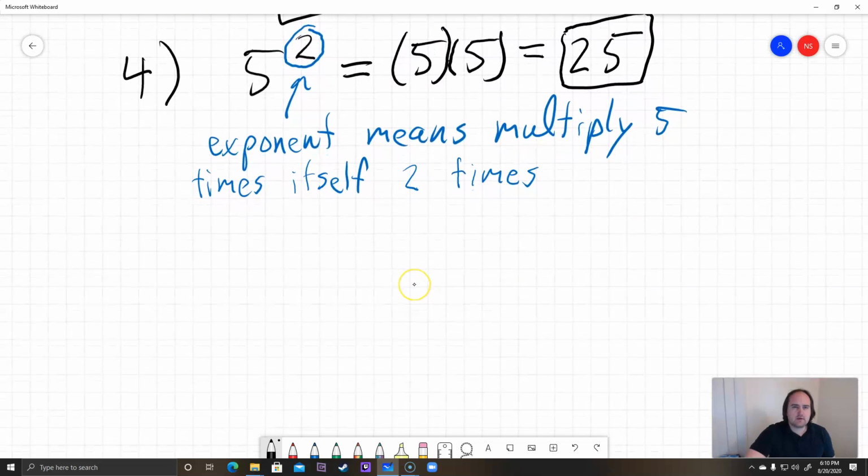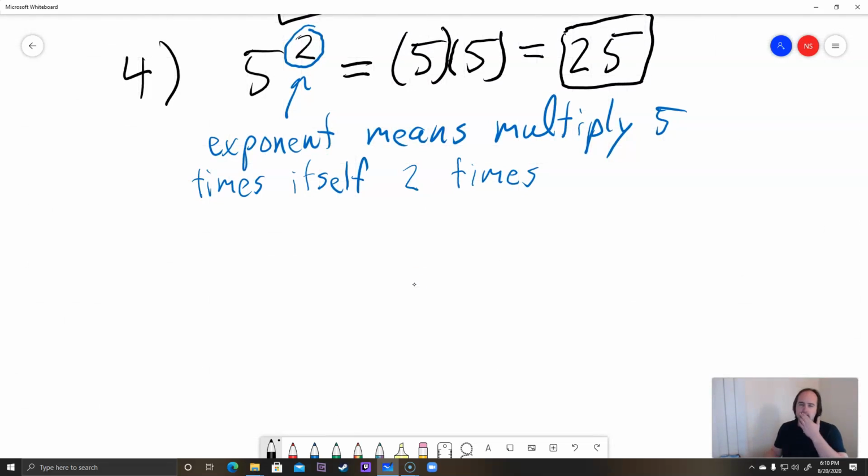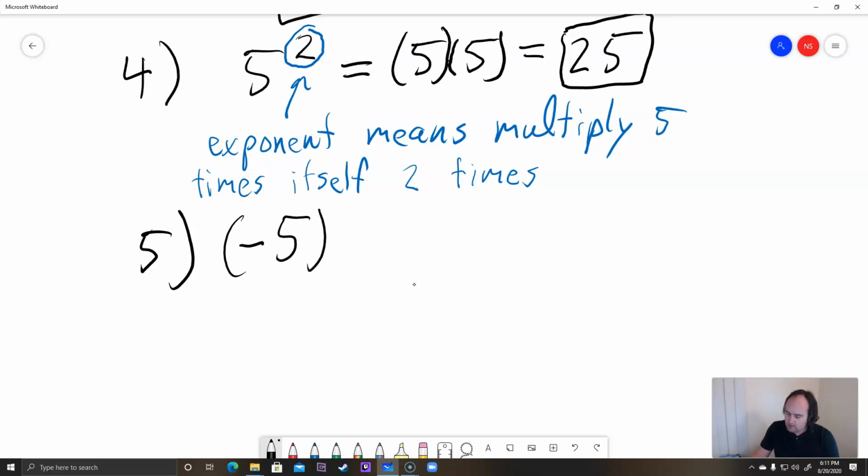Okay, so let's see another example of multiplying using exponents. Problem number 5, example number 5. Let's do the quantity negative 5, quantity squared. So when I say quantity, I mean the parentheses.